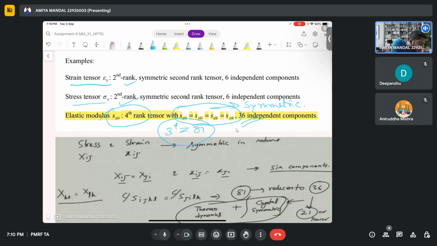If this is symmetric, it means the I, J, K, L value will be symmetric with the J, I, K, L value.